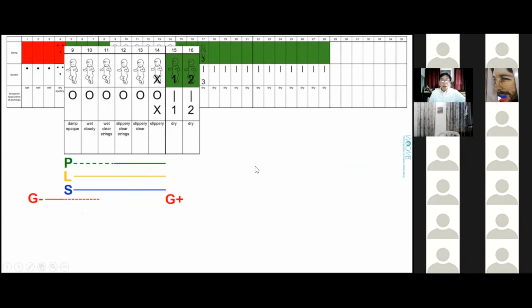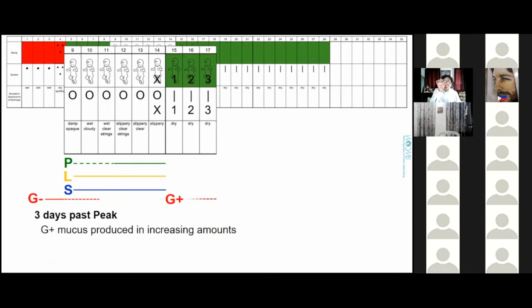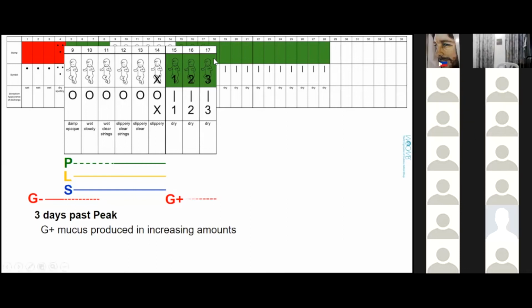Okay, look at the G plus mucus, the dotted line. It begins to appear on day 15. On day 16, it will increase. On day 17, it will continuously increase, but the cervix is still open.